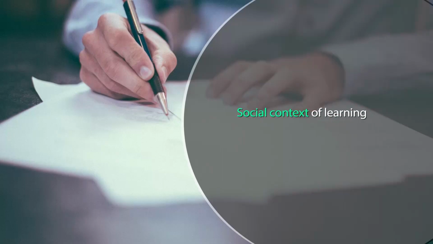And for the social context of learning, I have already said that learning takes place in social context. Okay. That means when the learners work together, do curricular discourses in a group, then learning takes place. So that is why this is also another important aspect, as learning takes place in a social context.